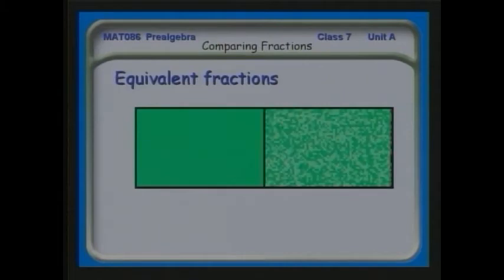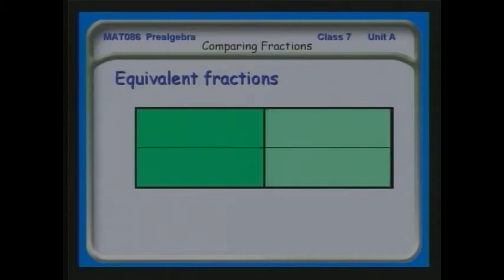Let's split it up now into 4 pieces. If I look at what I have, I can say I have 2 pieces of 4 colored in light, but notice that's exactly equivalent to 1/2. So 2/4 is equivalent to 1/2. I can have half, or I can have 2/4, and I would have the same amount of pie or whatever it is I'm trying to divide.